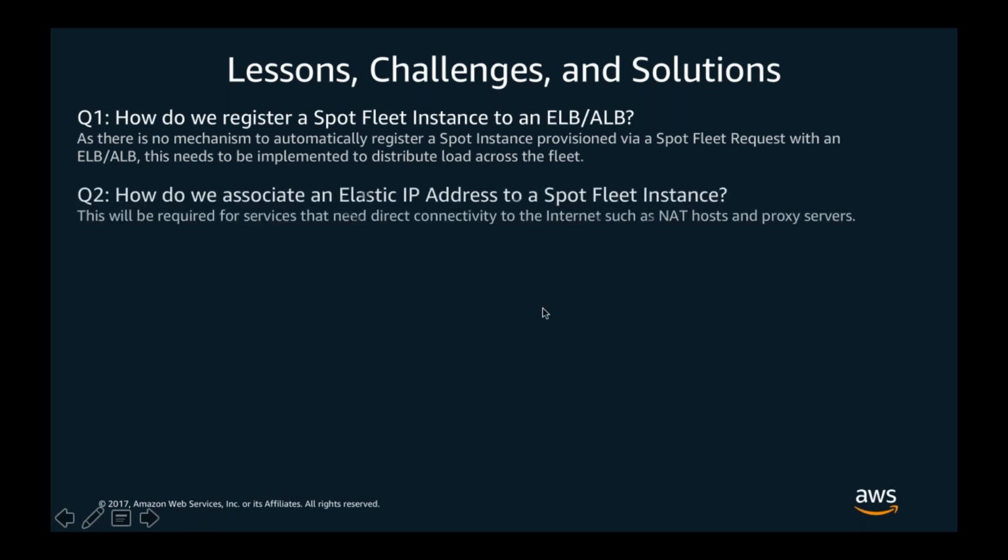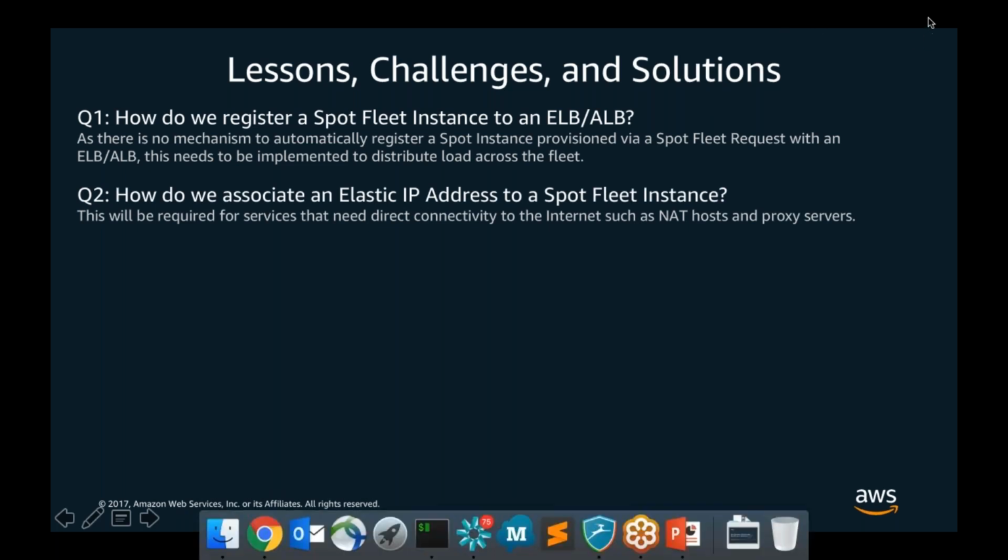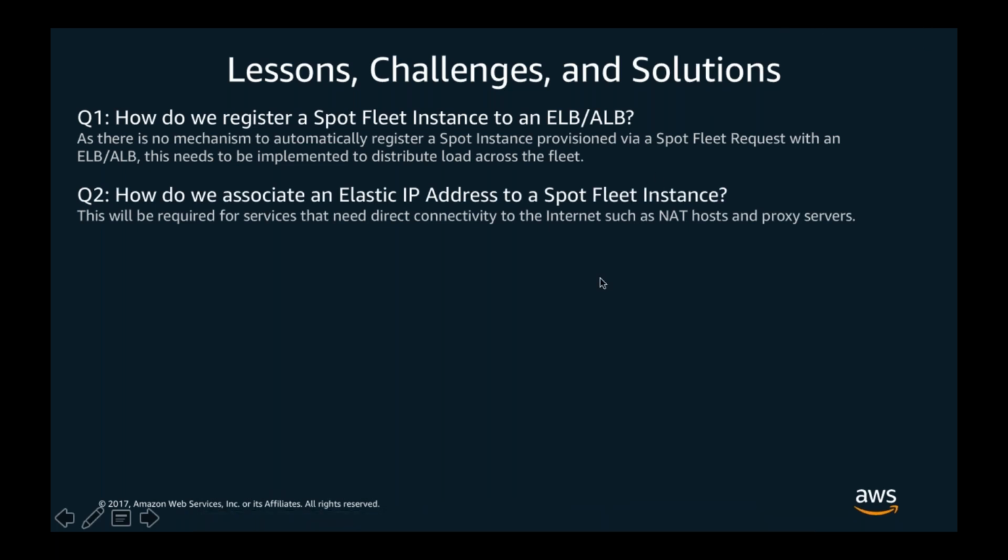The second one was how we can associate an elastic IP address to a Spot instance. We have some services which require direct connections to the internet, such as the NAT host or the proxy services. There are two solutions at the moment to implement that.